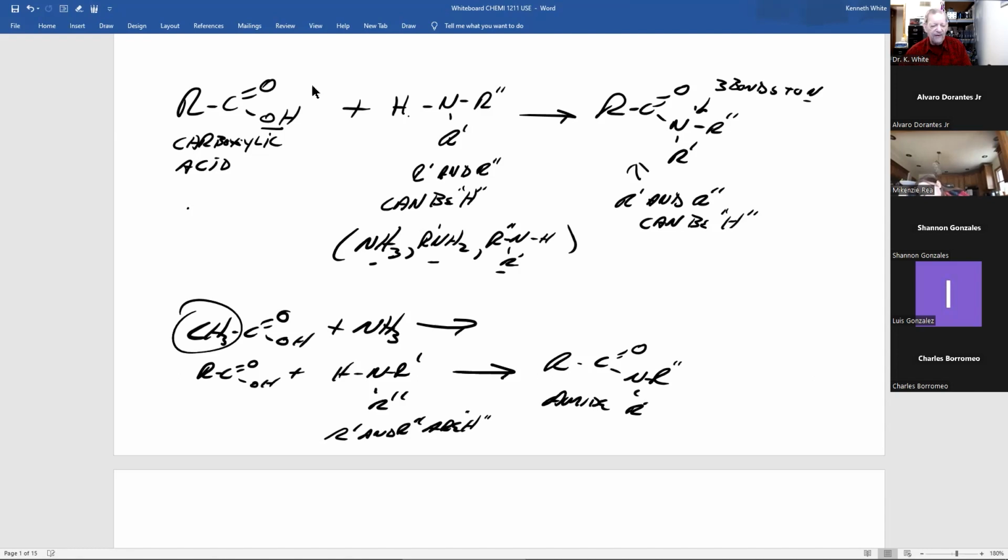So what's our R prime and our R double prime? Hydrogen. And you'll get this. Now you can have both hydrogens out, or you can just go like this, and you make that amide.